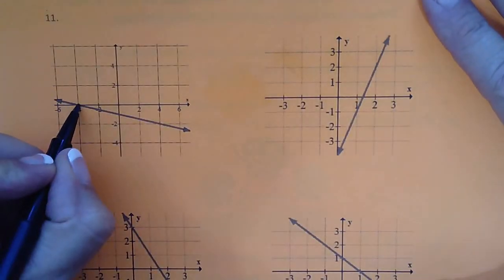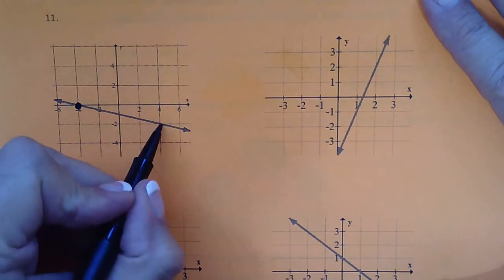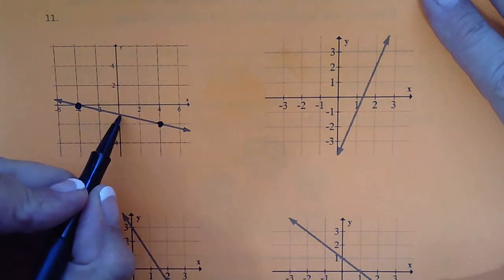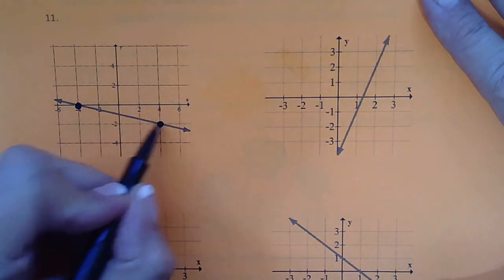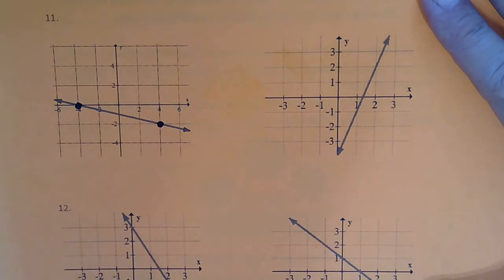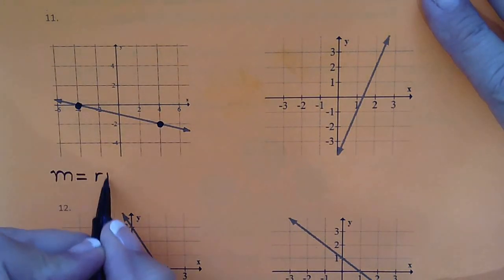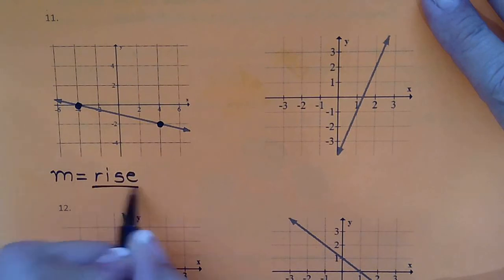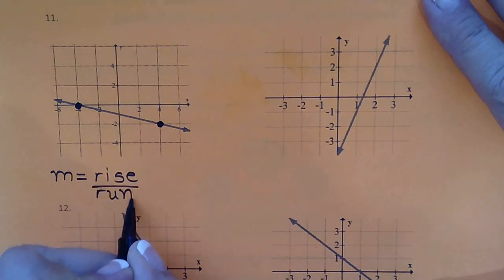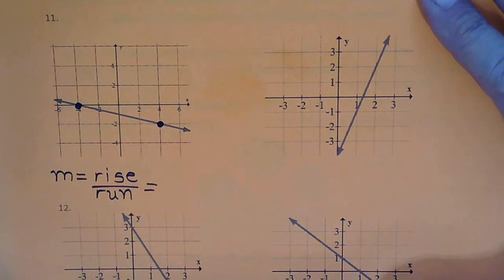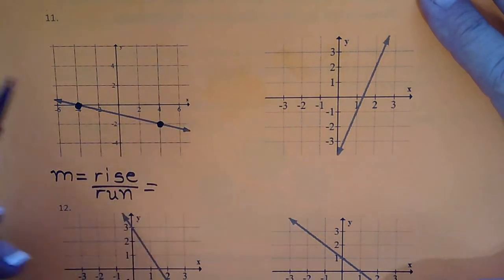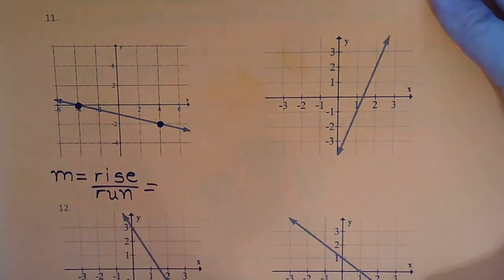Okay, with number 11, we have to find 2 points that are exact. So this one's not, this one's not, this one's not, but these 2 cross right on the corners. Now let's look at our intervals on the axes and make sure we don't make the mistake I made on the last page. So 2, 4, 6, 2, 4, 6. So they're all going by twos.